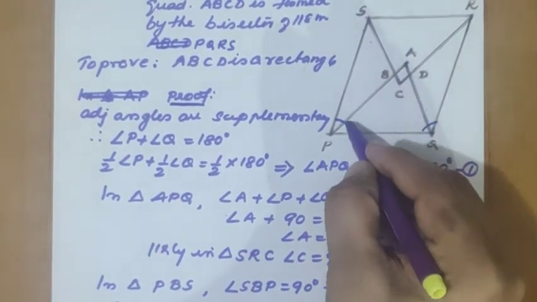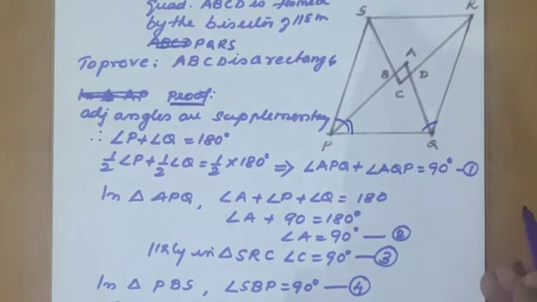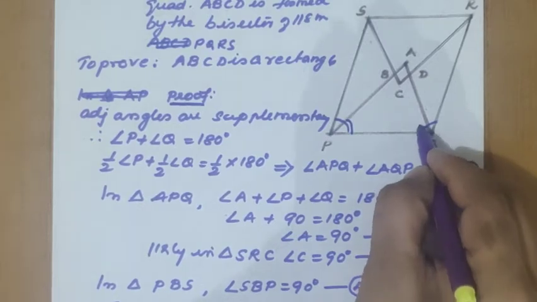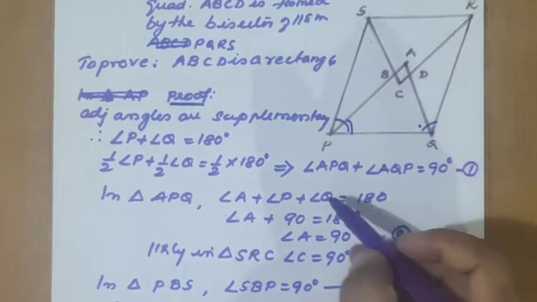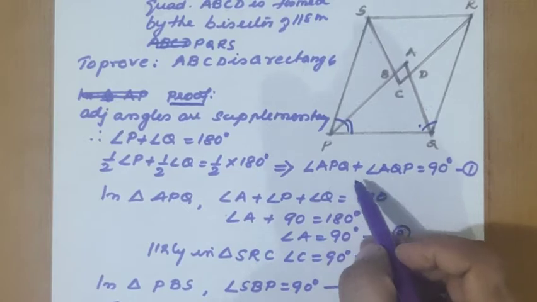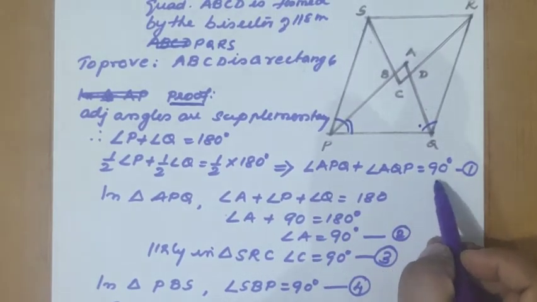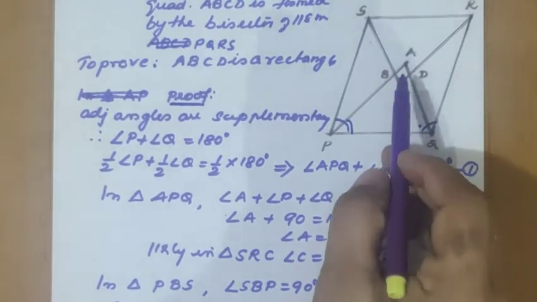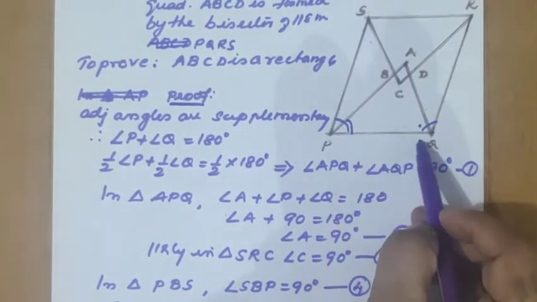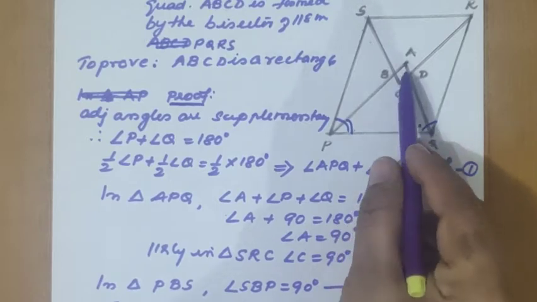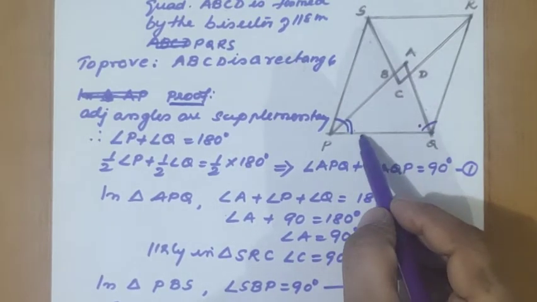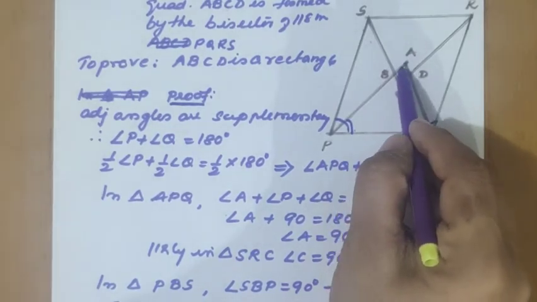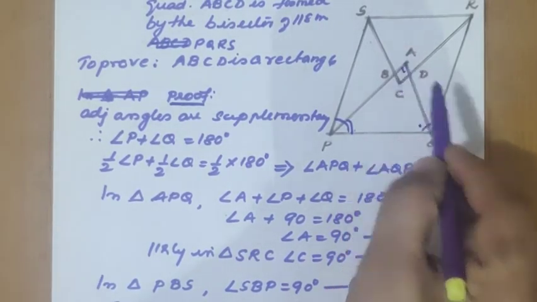Now from the figure, what is half of P? That is angle APQ. Similarly, half of angle Q is angle AQP. So we have written angle APQ plus angle AQP equal to 90 degrees. That is our equation 1. Now we are considering triangle APQ. In triangle APQ, angle P plus angle Q is 90 degrees.